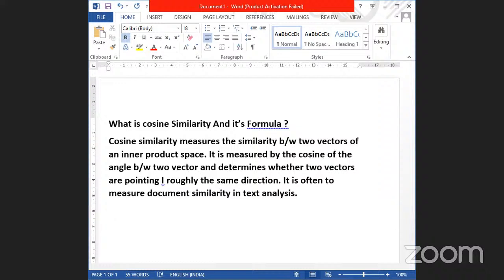The formula is like cosine of a, b equal to a into b.